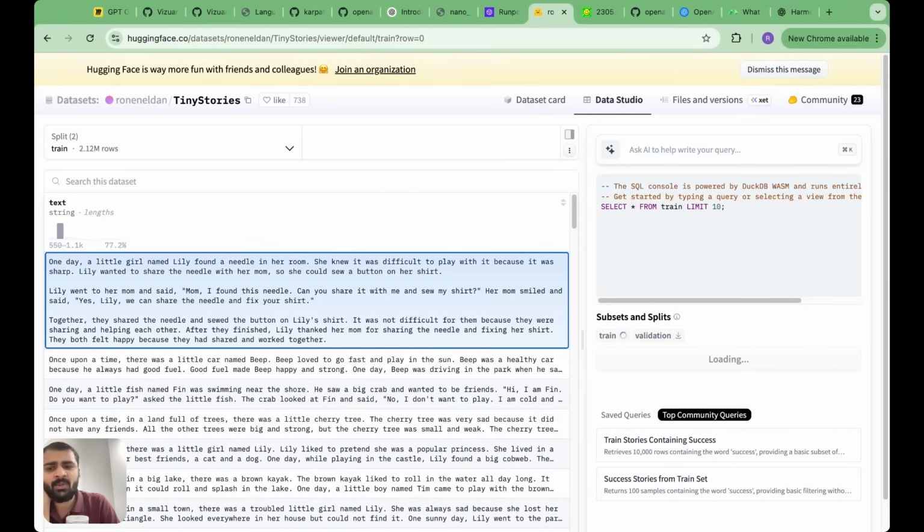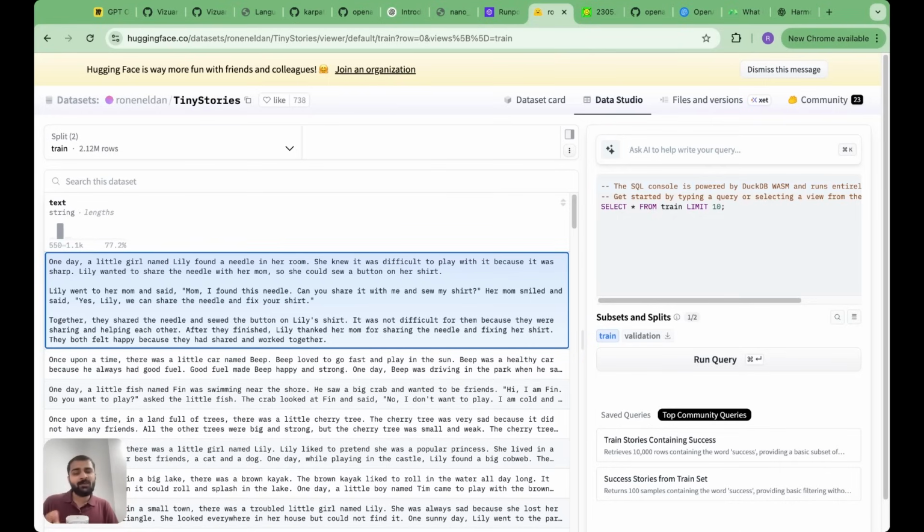And they asked the question that, hey, with this data set, how small can my language model be and still be able to generate good stories during inference? So essentially, they wanted to push the limit to how small we can go and still have the language model understand the form and meaning of English language and be able to produce coherent stories of its own.